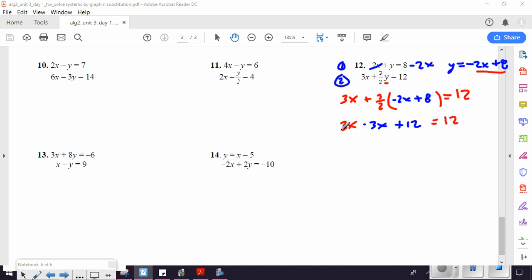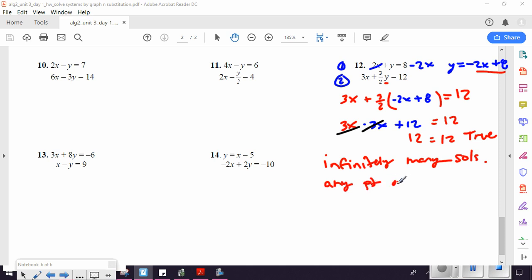We have 3x minus 3x cancel each other out. And that leaves us with 12 equals 12. So this is a true statement this time. So when it's a true statement, that means there's infinitely many solutions. In other words, any point on the line is a solution.